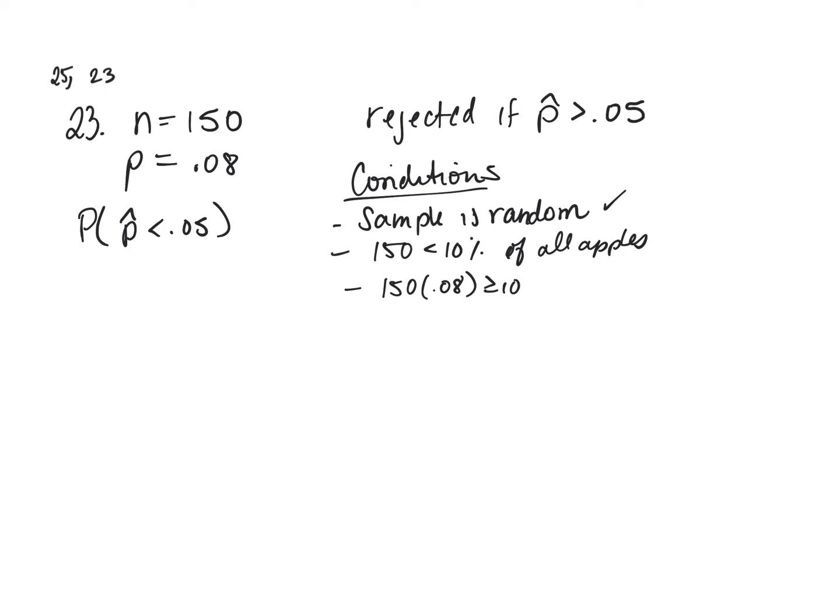Do we expect more than 10 bad apples and more than 10 good apples? So that's 12. Remember, it can equal 10. 150 times 0.92 is 138. Okay, so conditions are met. A normal model is appropriate.